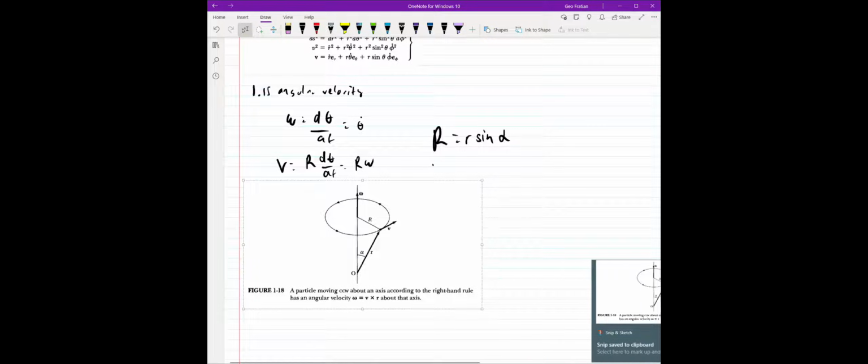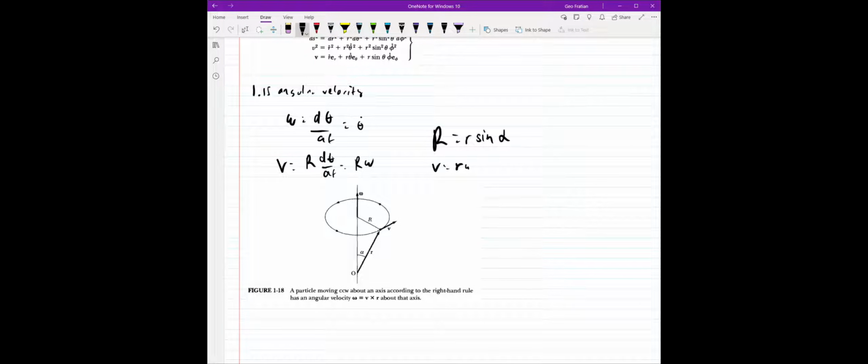That lets us write that v is equal to r omega sine alpha, where alpha is this angle right here. Because lowercase r is almost always defined as the vector from the origin pointing to where you currently are, that lets us know that v is actually equal to omega cross r. You probably memorized in lower division classes that v is just equal to r omega, but it's actually the cross product between them.